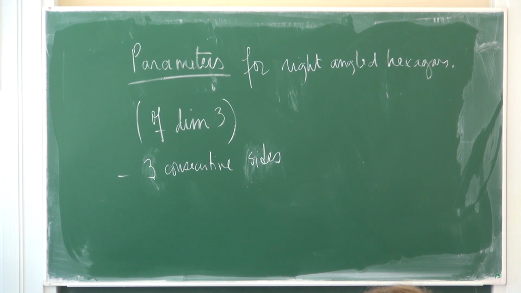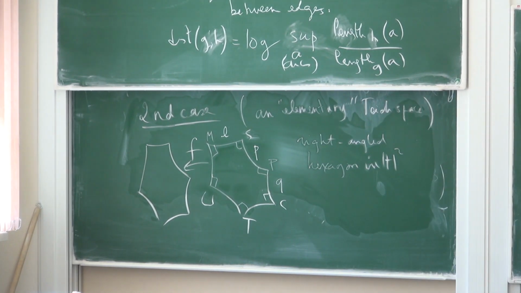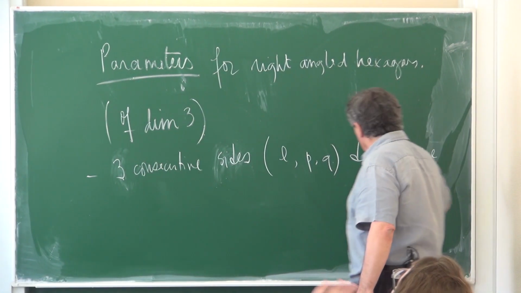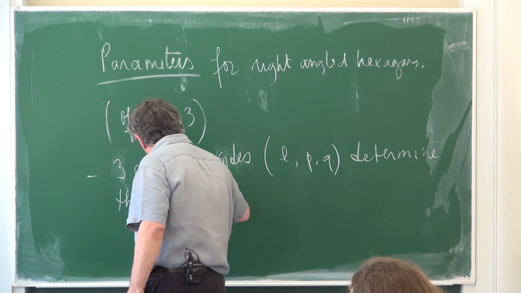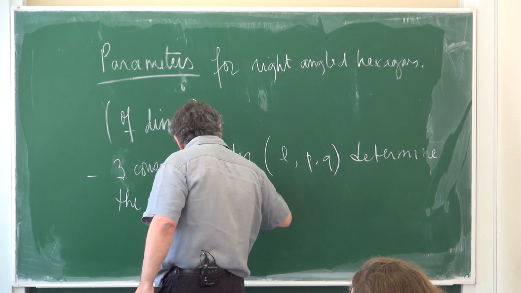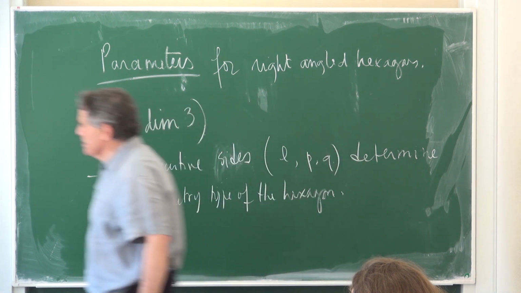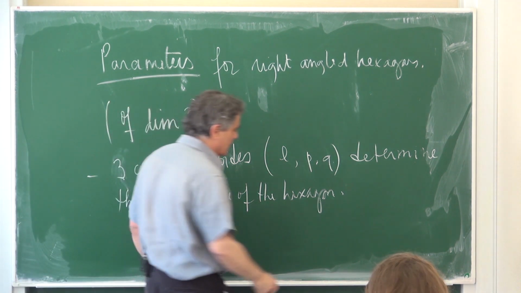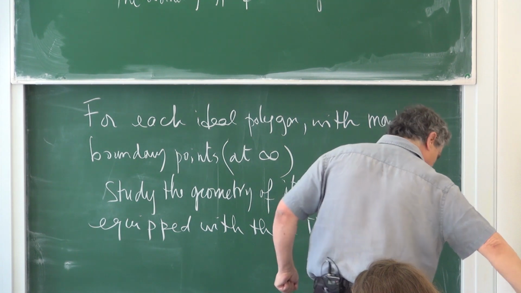Let's call them L, P, Q. They completely determine the isometry type of the hexagon. So you can take these 3 parameters as the geometric parameters for the hexagon. The proof of this is just a picture.